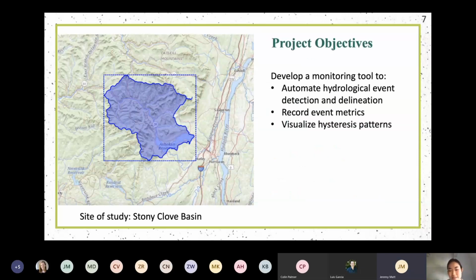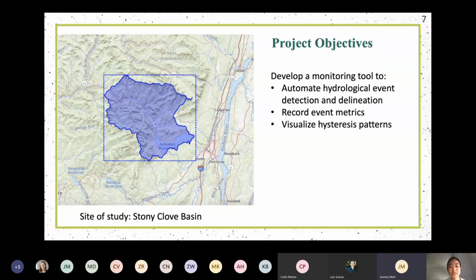As promising as it sounds, even though we have lots more data, there are also challenges in processing it. The hysteresis pattern classification method is event-based, so we cannot use all of the data. We have to go in and select the storm event data.